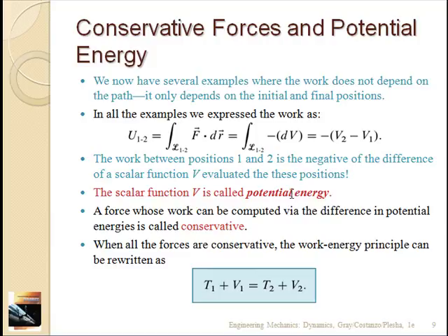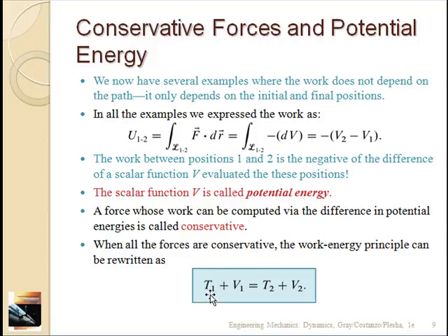So we define our potential for a certain force, and then the work done in going from position 1 to position 2 is just minus the difference in the potential energies. And so we can conserve energy with an equation like this.